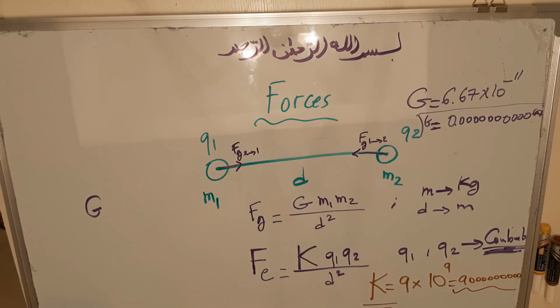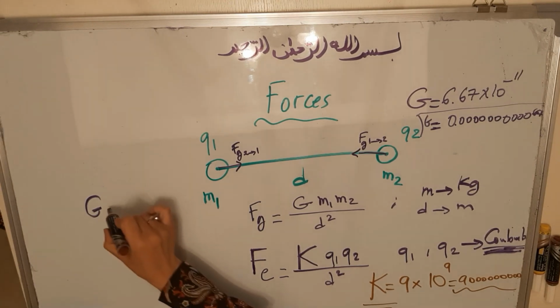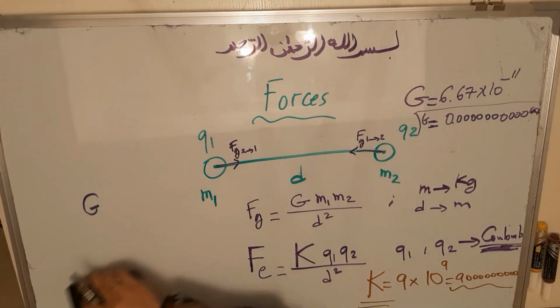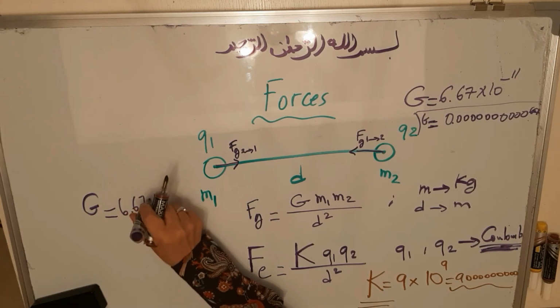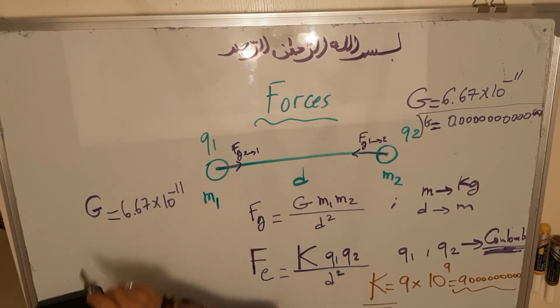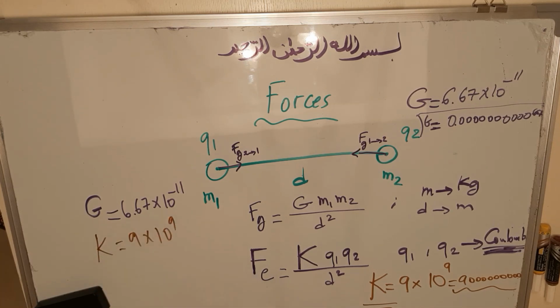Put some charge on each student and you will see that the electric force is much, much mightier and much, much bigger. So G is 6.67 times 10 to the power negative 11, while K is 9 times 10 to the power of 9.